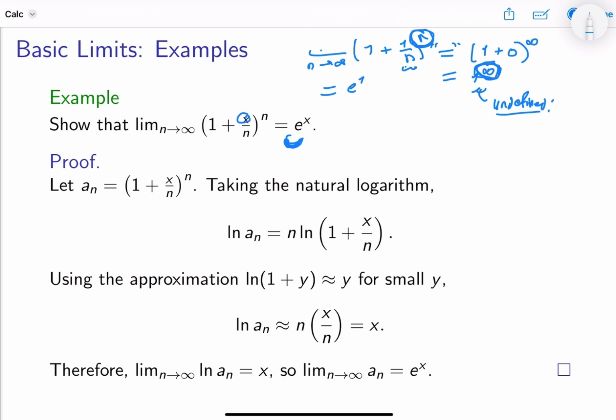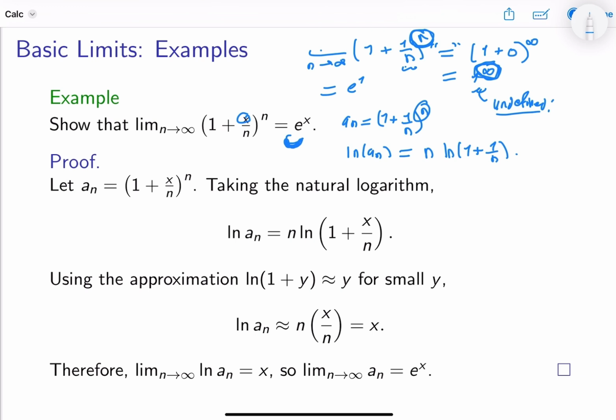So let's call this sequence a_n equals (1 plus 1 over n) to the power n, and let's look at the logarithm of it. If we take the ln of a_n, the n is going to come down, and then we have n times the logarithm of 1 plus 1 over n.